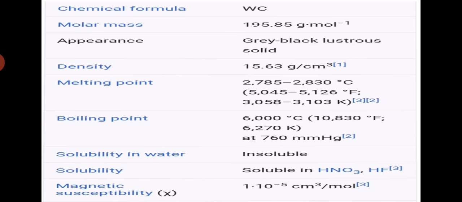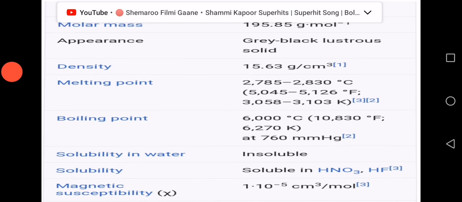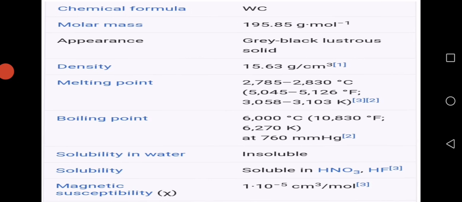The appearance is a grey black lustrous solid, and the density is 15.63 gram per cubic centimeter, and the melting point is about 2785 to 2830 degrees Celsius, or in Fahrenheit, that is 5045 to 5126 degrees Fahrenheit.